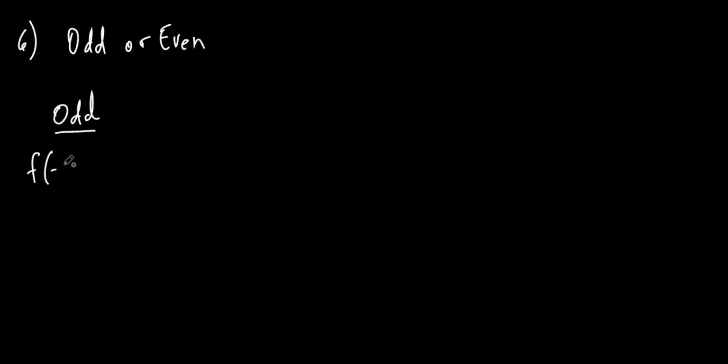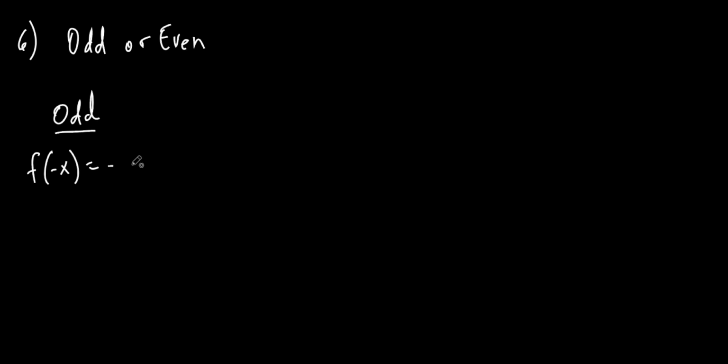All right, 6 is odd or even. We kind of talked about that when we did number 1. I'll give you something and you tell me, is it odd or is it even? If it's odd, what's our little test? f of negative x will equal what?